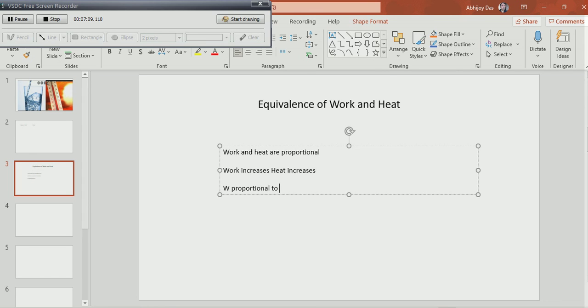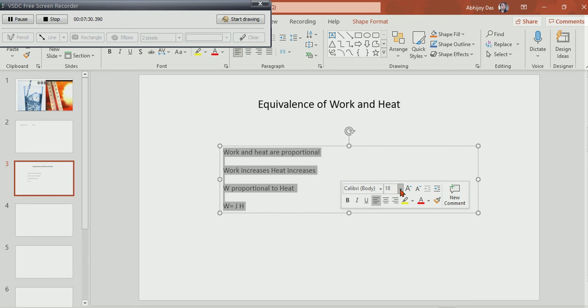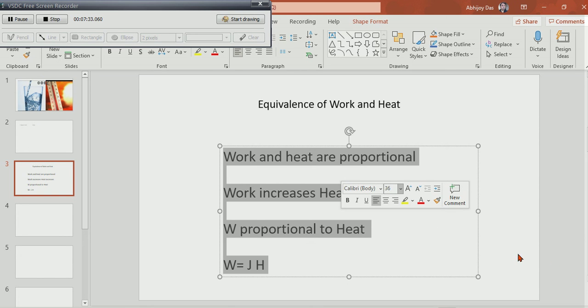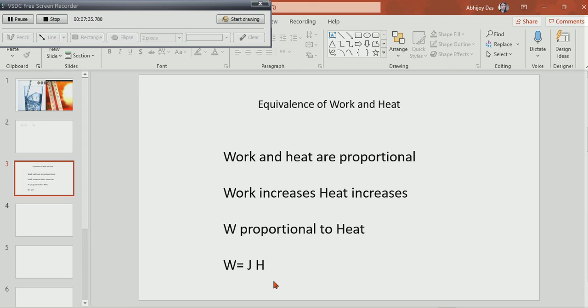If heat H is multiplied with J, we will get our work done, and if work is divided by J, I will get my required amount of heat. So that is called the heat energy equivalence principle.